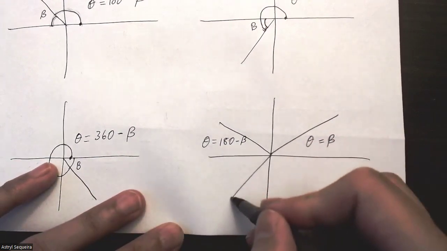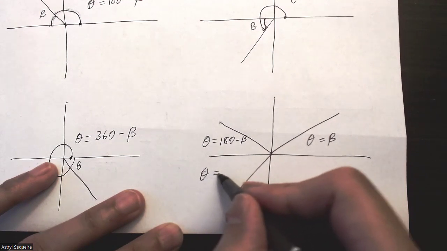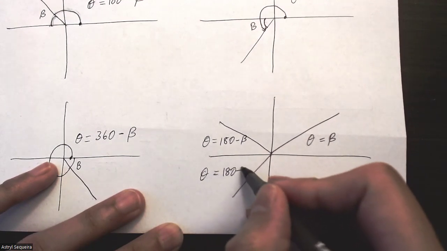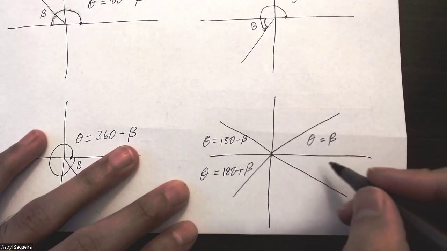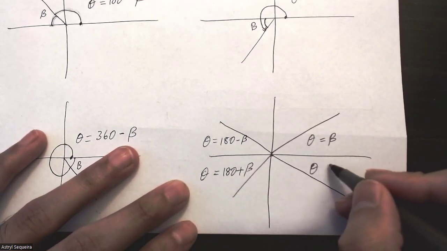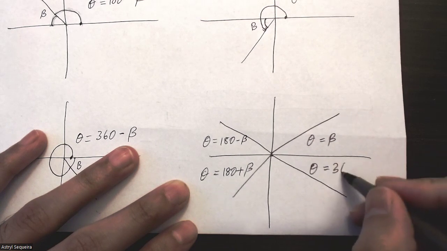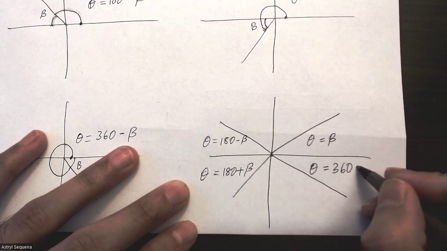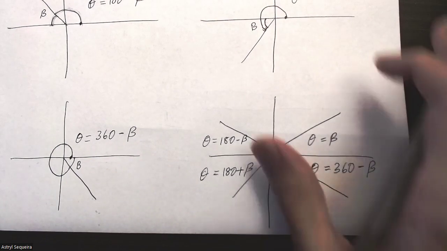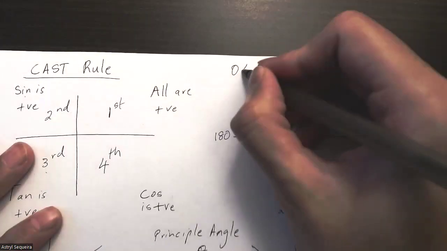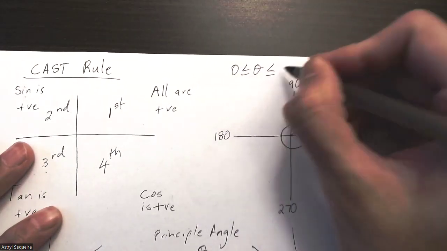If I'm in the third quadrant, theta is 180 plus beta. And if I'm in the fourth and final quadrant, theta is 360 minus beta. So these are all of the rules of CAST rule between 0 and 360 degrees.